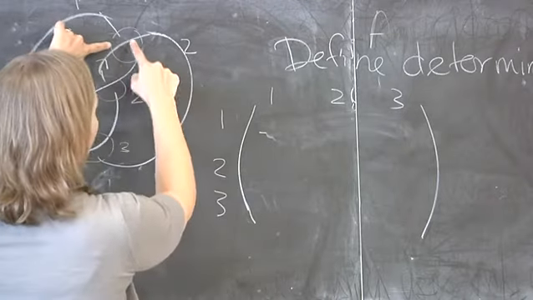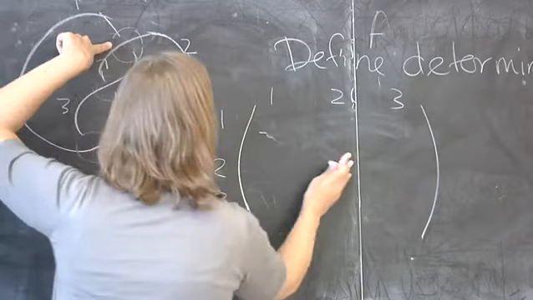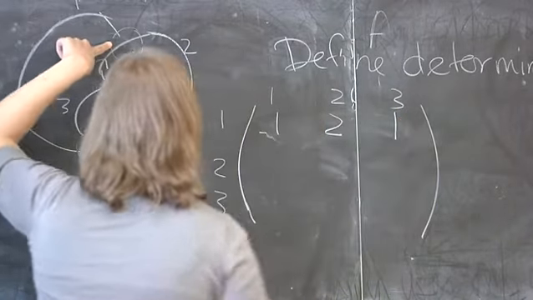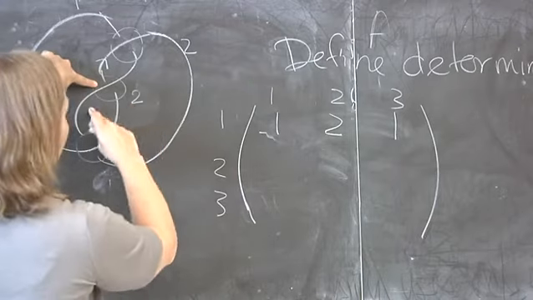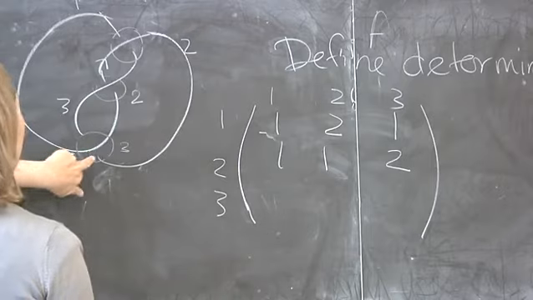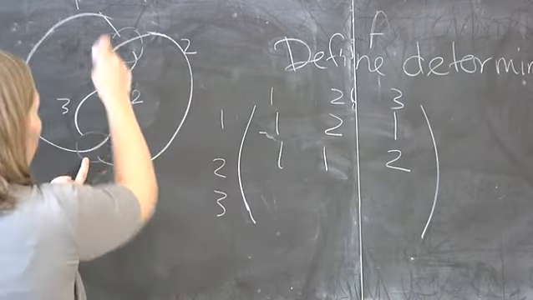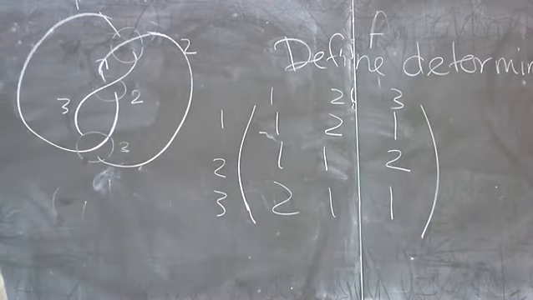So 2 is over in crossing 1, and the other 2 are under. Then in crossing 2, strand 3 is over, and the other 2 are under. And then in crossing 3, strand 1 is over, and the other 2 are under. Now, if you took the determinant of this matrix, you would get 0.